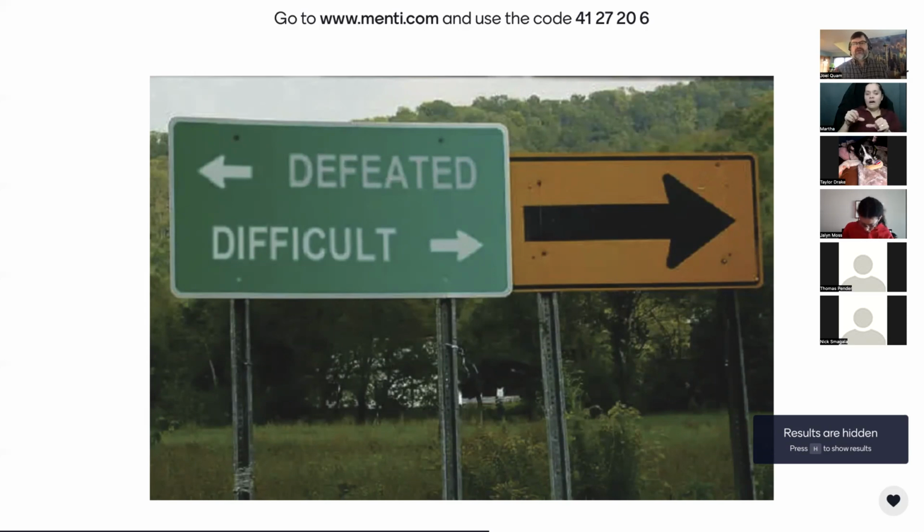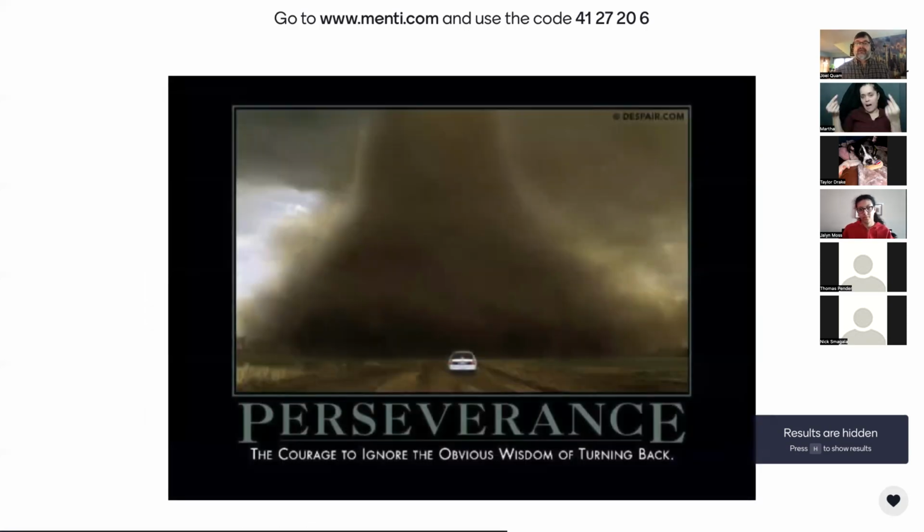Okay, and sometimes there are memes about this, and there is a company that makes the opposite. It's called despair.com, and they make the de-inspirational posters like this one. Perseverance, the courage to ignore the obvious wisdom of turning back. Maybe you should turn back in that case. Take a look sometime at despair.com.